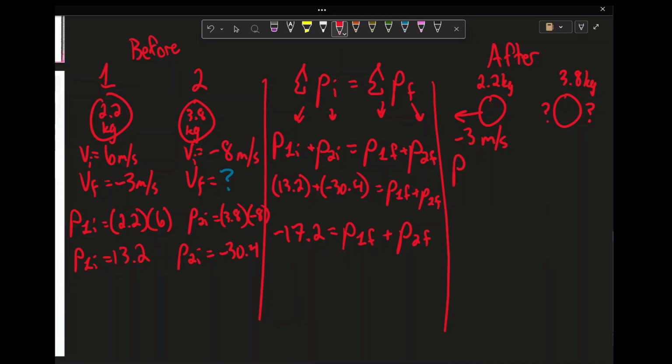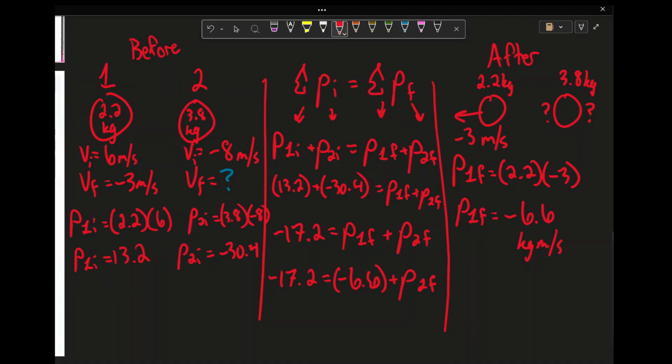What we can do is get P1 final, and that's going to be 2.2 times negative 3. That gives us a P1 final of negative 6.6 kilogram meters per second. So we get negative 17.2 equals negative 6.6 plus P2 final.